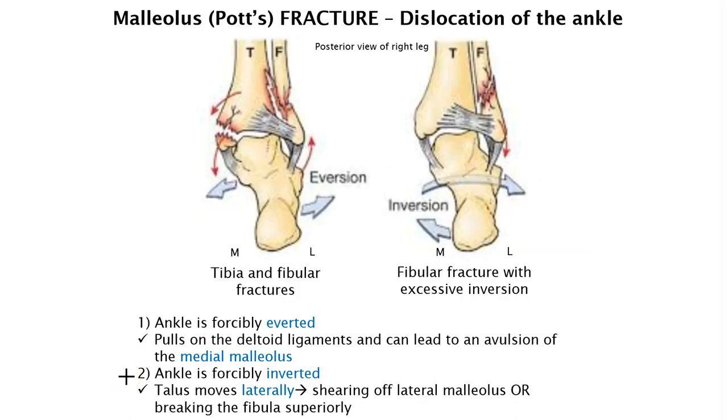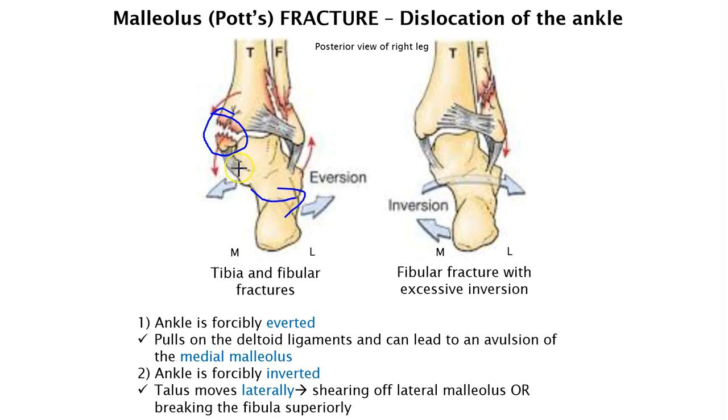With forceful frontal plane motion, i.e. eversion or inversion, one or both of the malleoli may fracture. For example, the left image is showing a bimalleolar fracture resulting from forceful eversion. The medial malleolus fractures due to the calcaneus moving rapidly away from the medial malleolus.